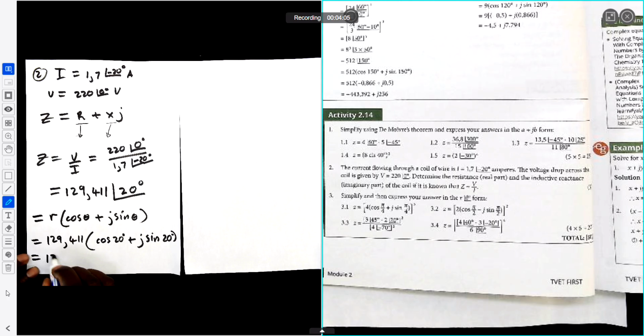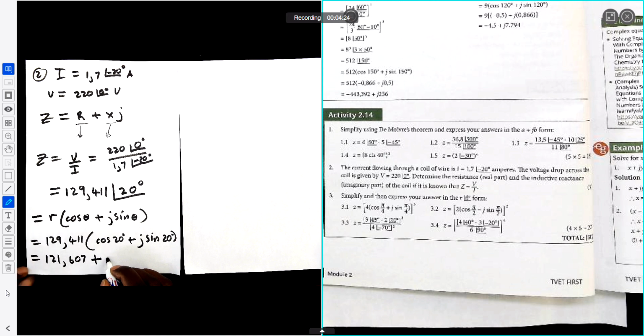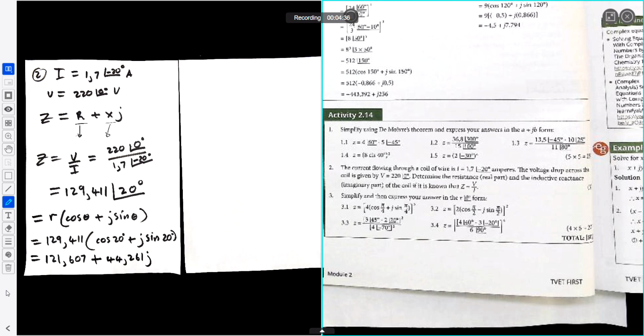So it's 121.07, plus 129.411 times sin 20, so the answer is j 44.261.